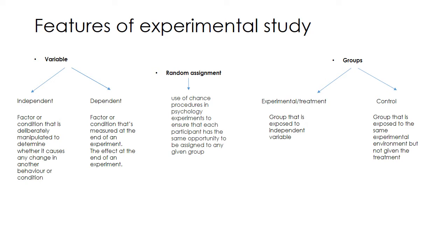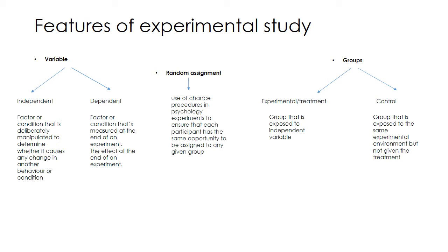So you need to have two types of variables. One is independent and the other one is dependent. So independent is actually the factor that brings or causes any change to another factor. So this independent variable is the variable that we manipulate in the study, so that it can affect another variable.